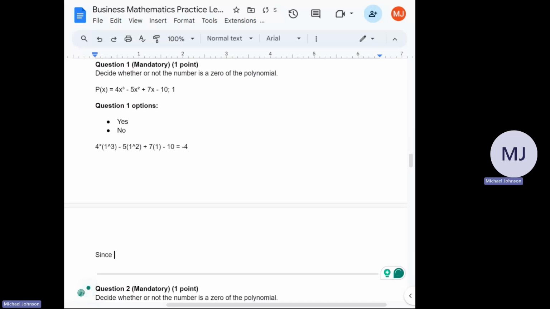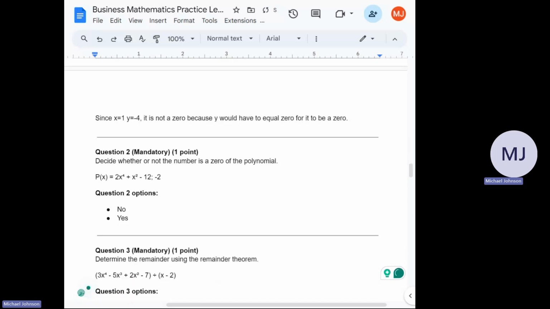So since x equals 1, y equals -4, it is not a 0, because y would have to equal 0 for it to be a 0. So that's basically determining if it's an x-intercept. This is how you determine if this is an x-intercept.